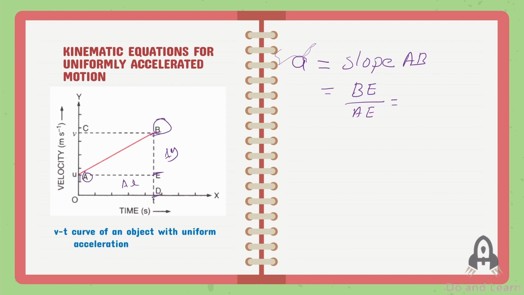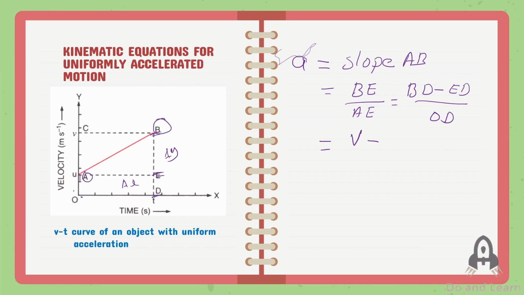This distance BE is BD minus ED, right? So BE is equal to BD minus ED. AE is the same as OD. What is BD? BD is the same as V. What is ED?